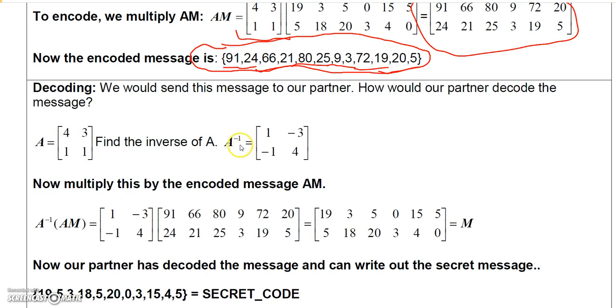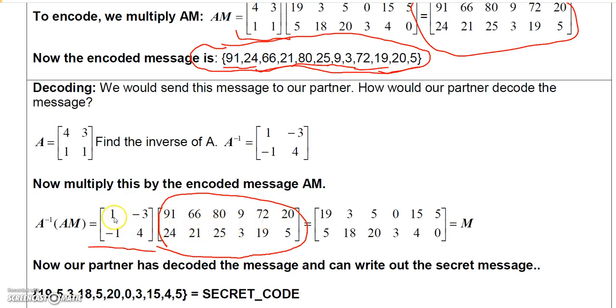So let's say I send this encoded message to my partner. My partner now needs to decode the message, so they put this message back into matrix form. So here it is, right here, in matrix form. Then they get the inverse of this matrix, and they simply multiply this matrix by the encoded matrix.